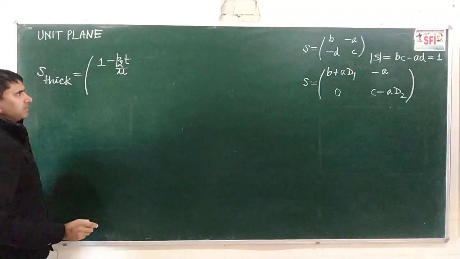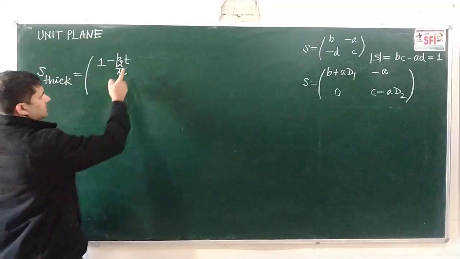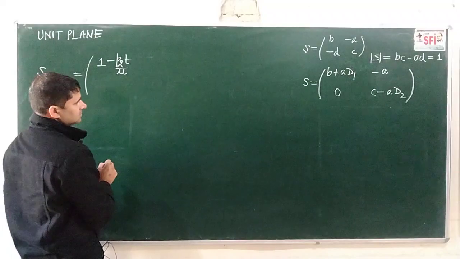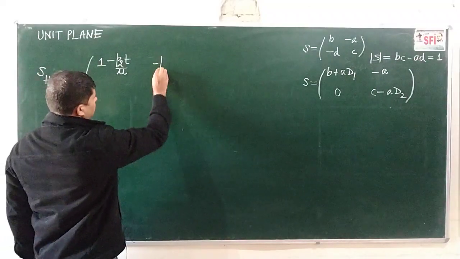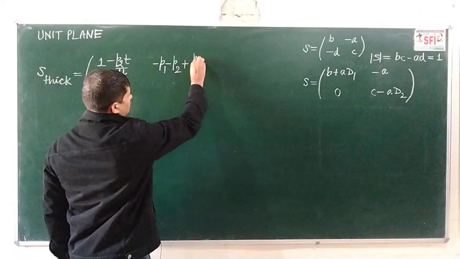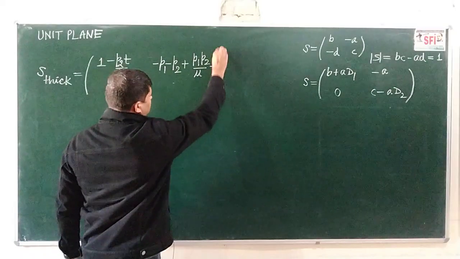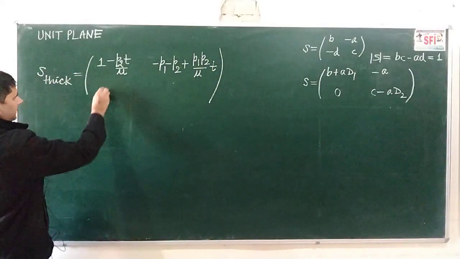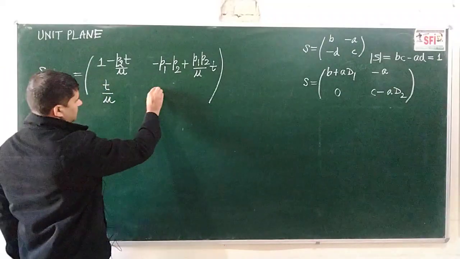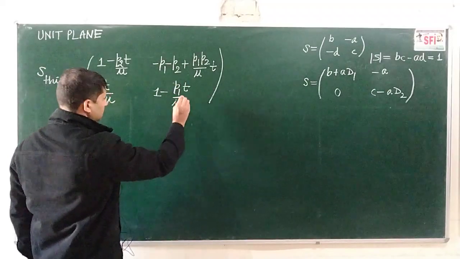Here P2 is the power of the second refracting surface of the thick lens, T is the thickness of the lens and mu is the refractive index. Then we have minus P1 minus P2 plus P1 P2 divided by mu, and here we have T by mu and here we have 1 minus P1 into T divided by mu.